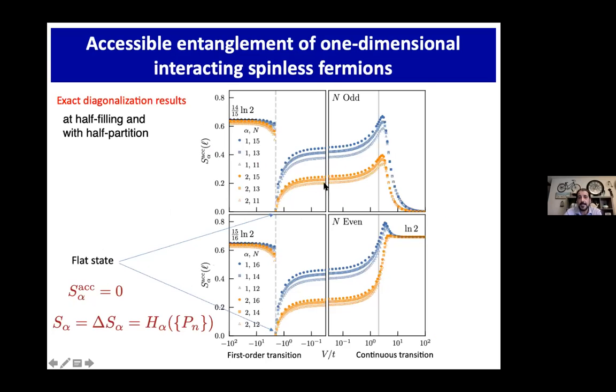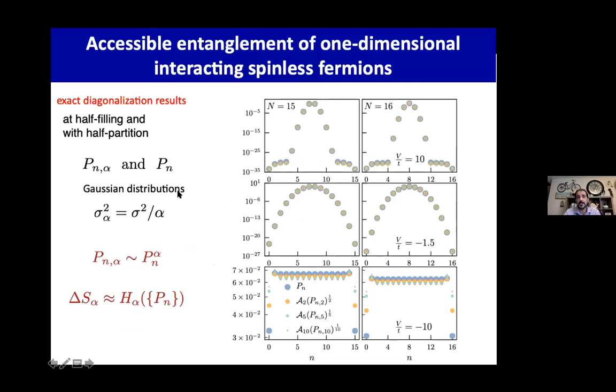we see there's a dependence here, but also there's something interesting about the particle number distribution and the auxiliary particle number distribution, P and alpha. Both of them are Gaussian with the same mean. And also the variance of P and alpha is asymptotically equal to the variance of Pn divided by alpha, which of course for a Gaussian distribution means that P and alpha is asymptotically proportional to P to the power alpha.